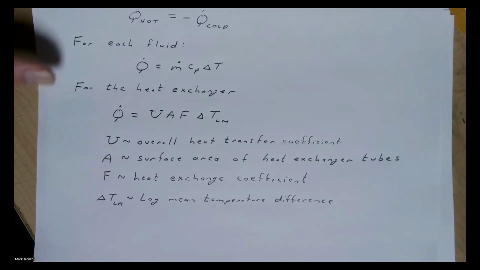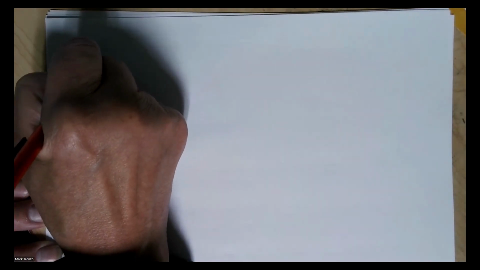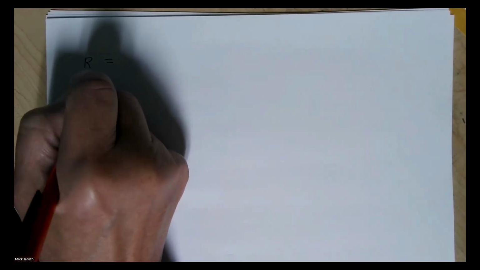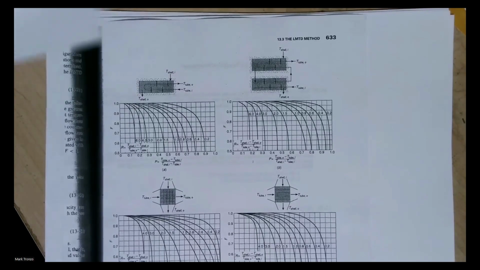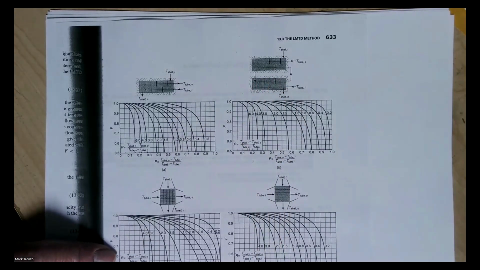And for that, we're going to have to use a table in the book. And for that table, we're going to need R, and we're going to need P. And again, we're going to be using this figure right here.